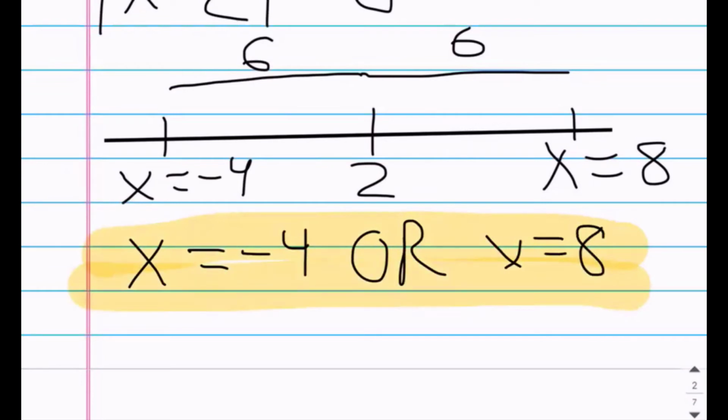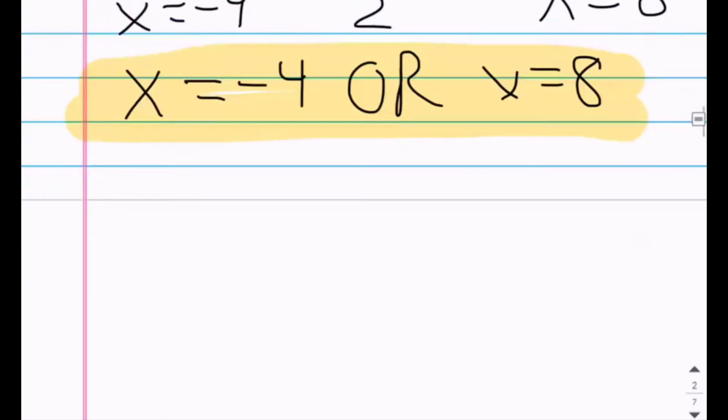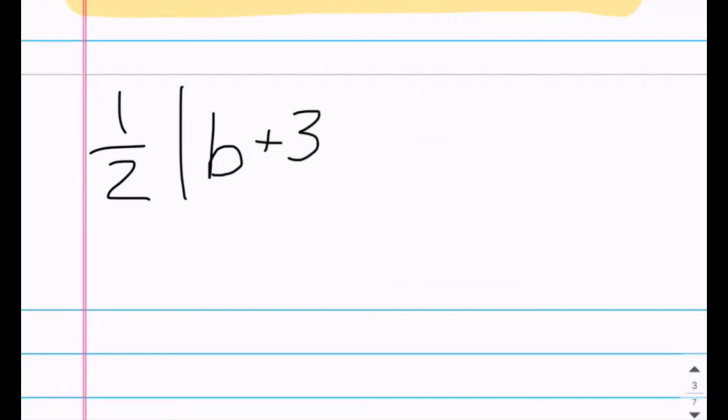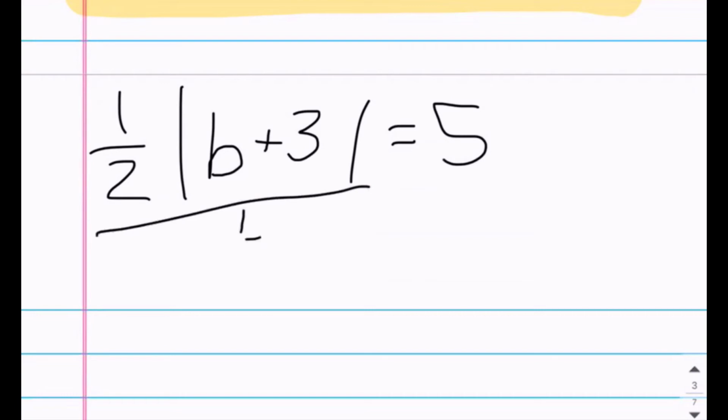Let's do another one, very similar to this style. Let's do half of the distance between b and 3 is 5. So, what do we do here? If you guessed, divide by half, you are correct.